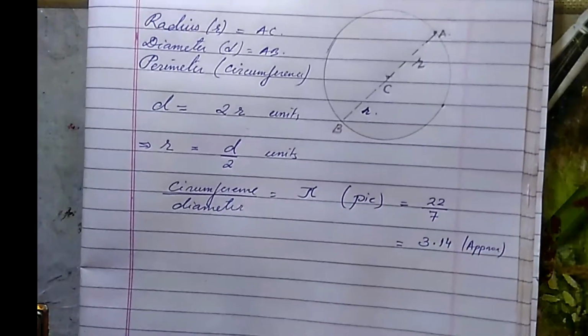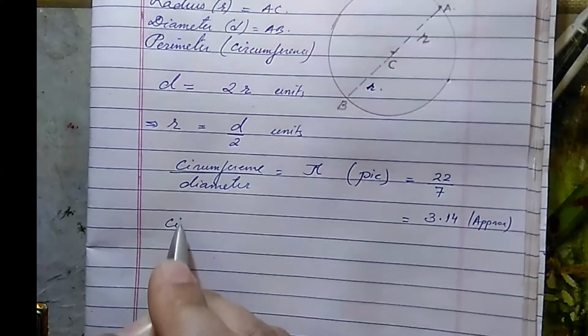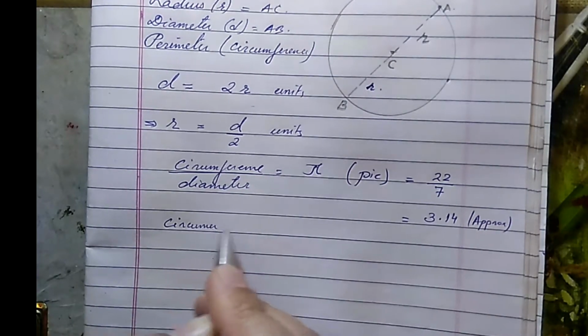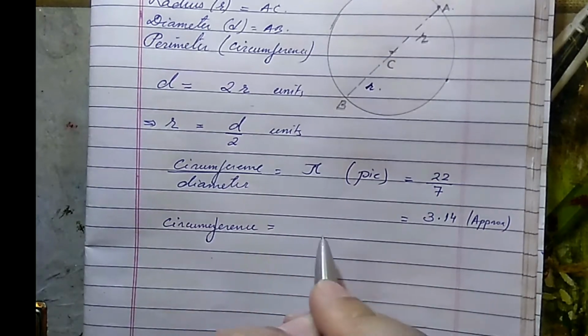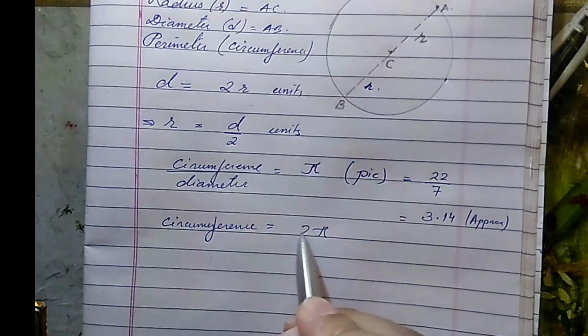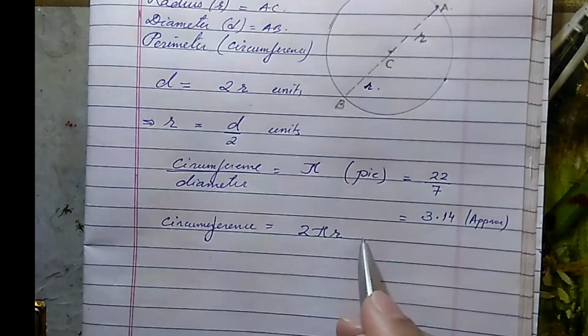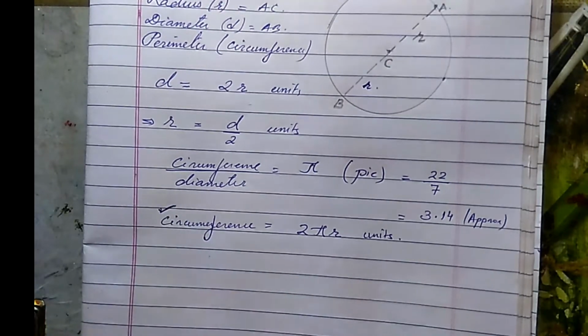Now from here, if I cross multiply, then we can write circumference is equals to, now pi is there, diameter is twice R, so we can write 2 pi R units. So what is the formula for the circumference?